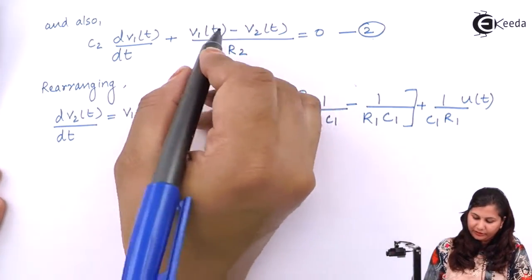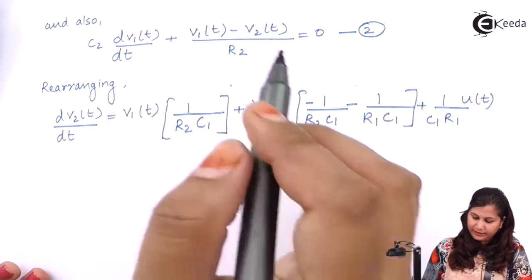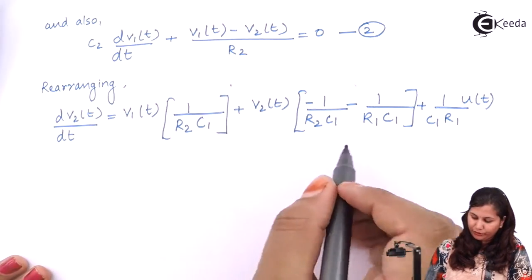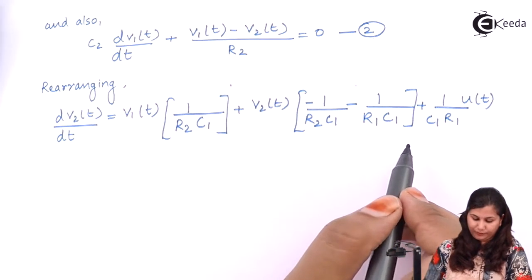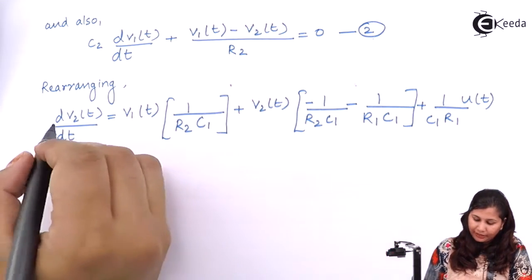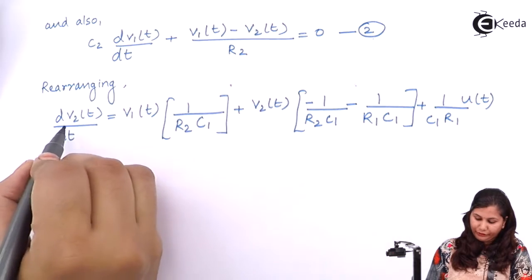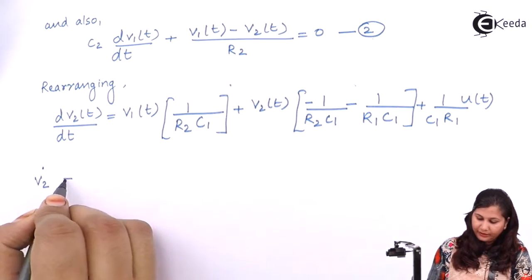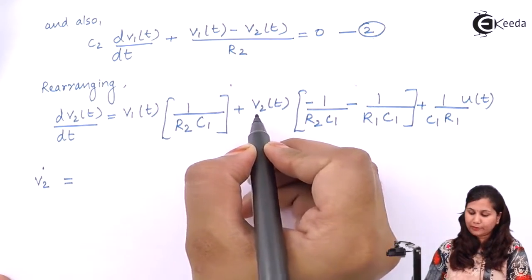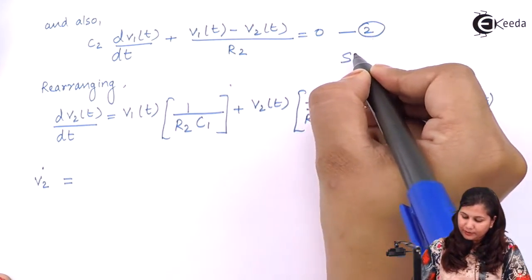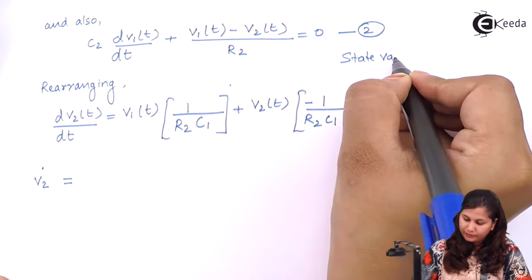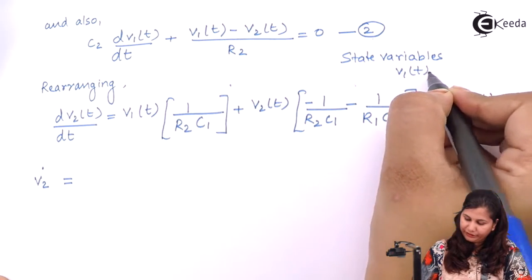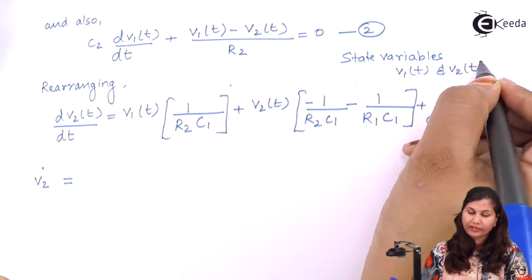Then we have put this value here. From here we have taken the value of dV1/dt, and we have substituted here in this equation. So we have got the value of dV2/dt, or we can write it as V2 dot, in terms of the two state variables, because we have to choose V1(t) and V2(t) as our two state variables.